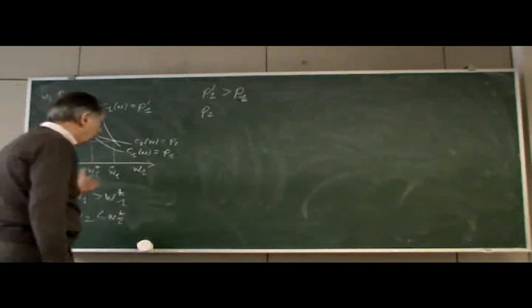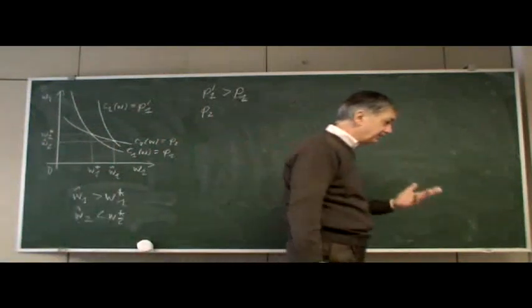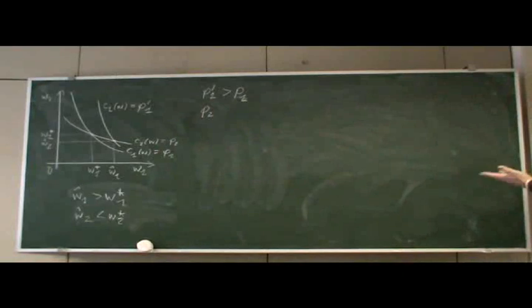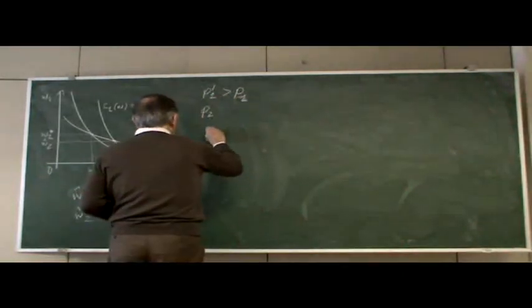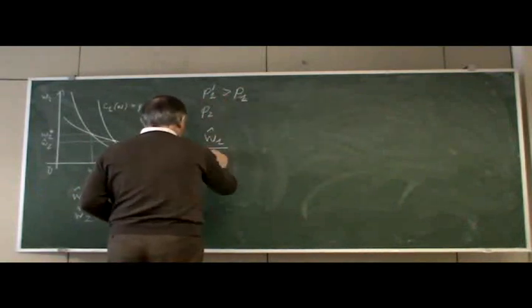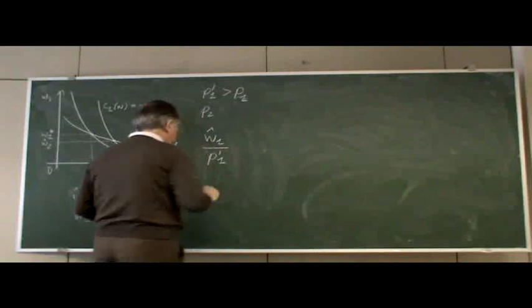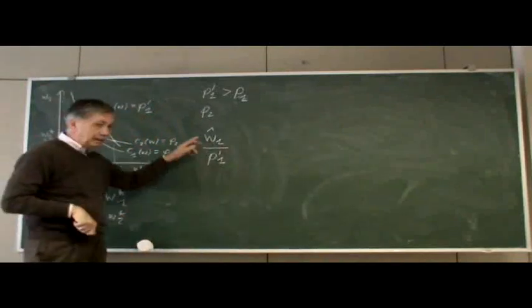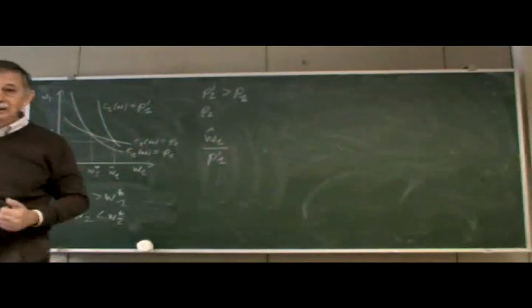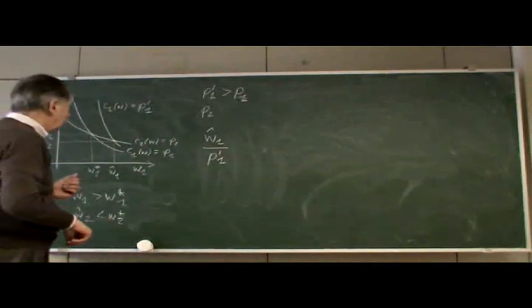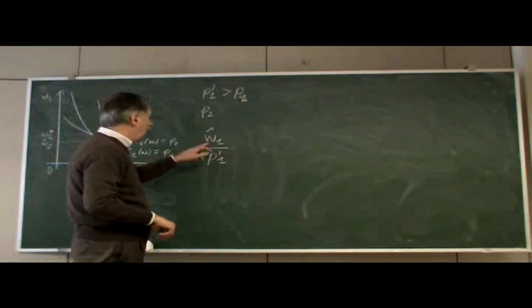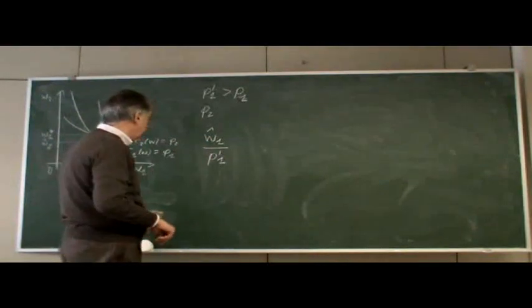Is it clear? In reality, there is a stronger result which holds in this case. Not only the nominal wage increases, but also the real one. The real wage is simply given by the ratio between the nominal wage and the price of any good, for example, good one. This is nothing but the quantity of good one that I can buy with one unit of labor.